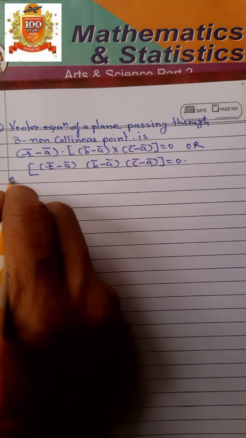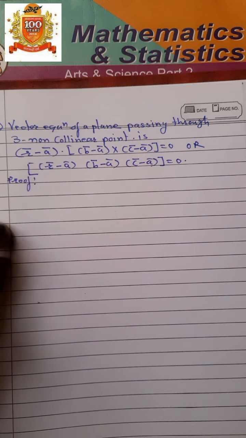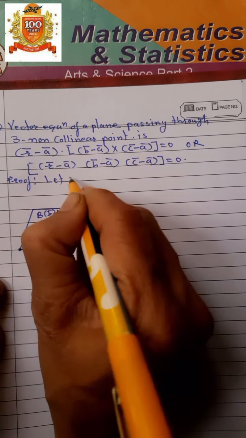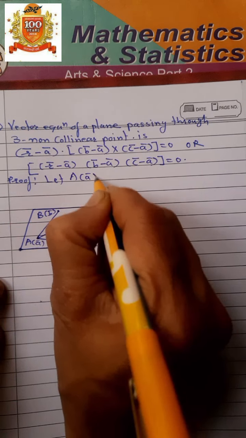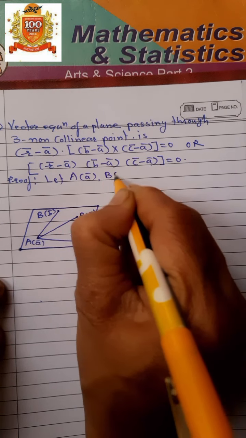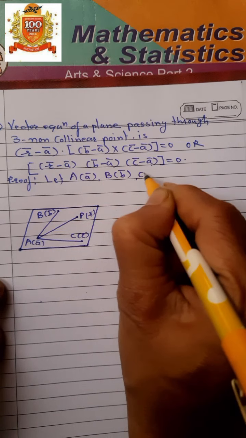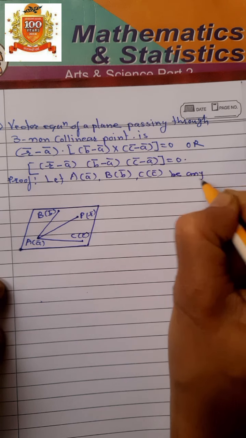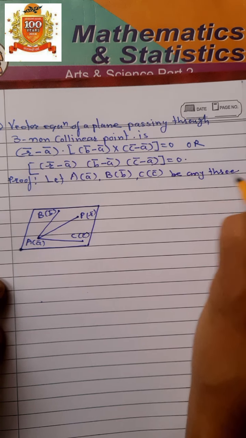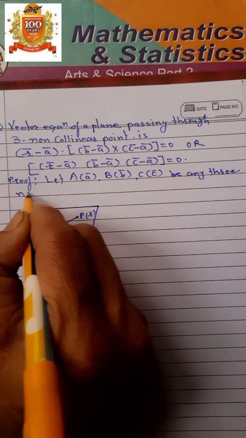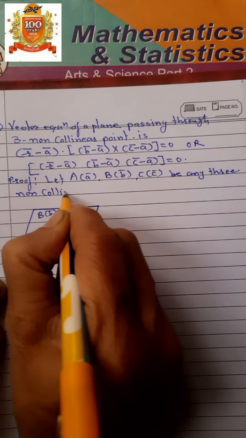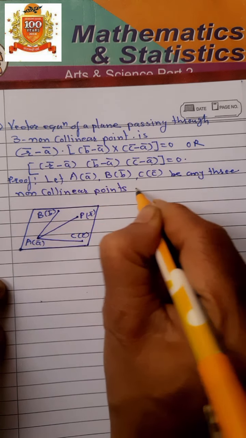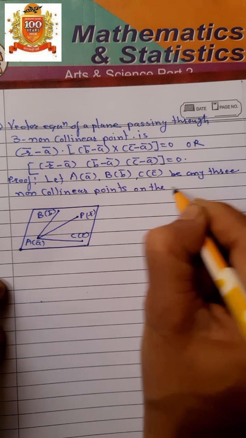Let us prove this. Proof. Let A bar, B bar, C bar be any three non-collinear points on the plane.